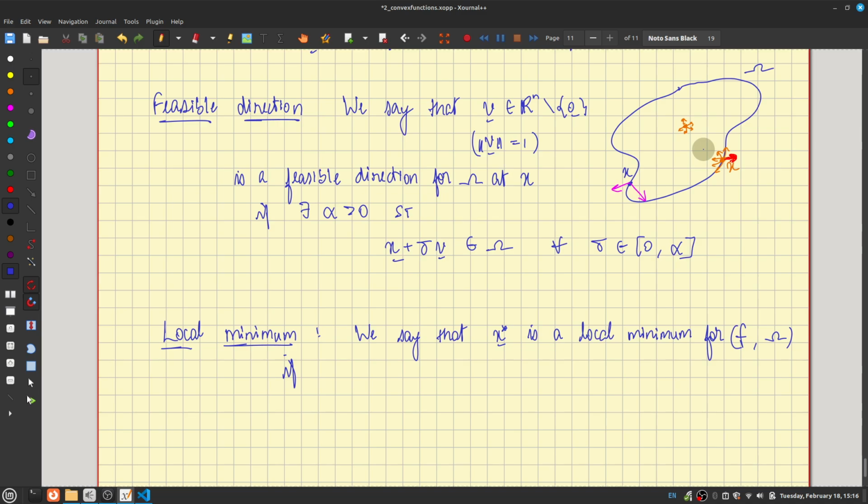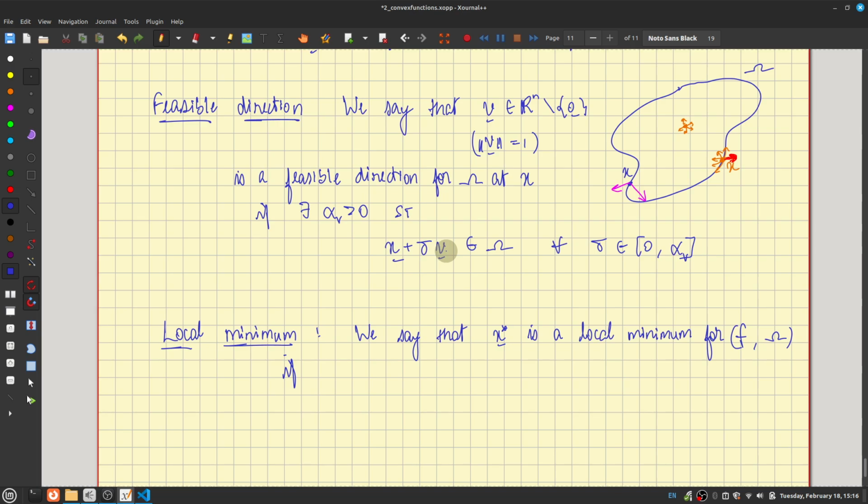Sorry, wait. Yeah. I made a mistake. So one thing is that each of these alphas can potentially depend on v. So this whole statement is for one particular direction v.